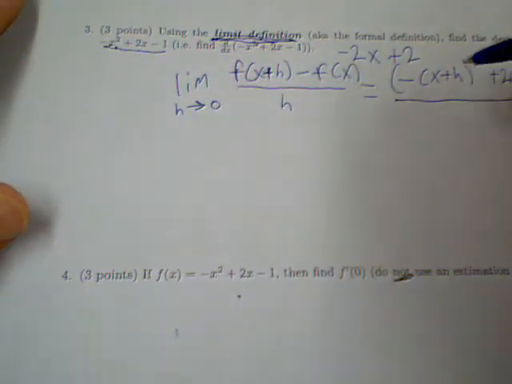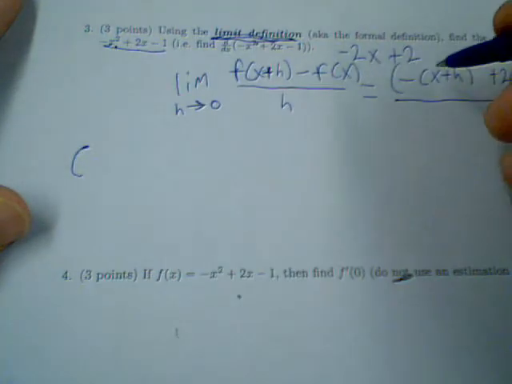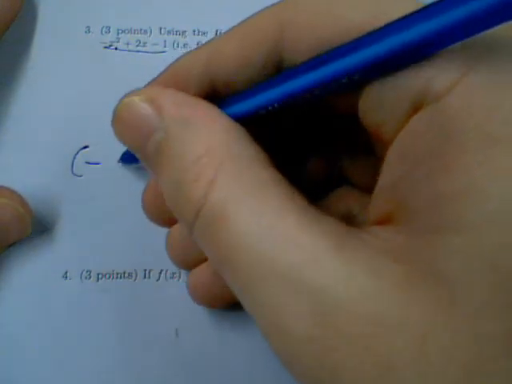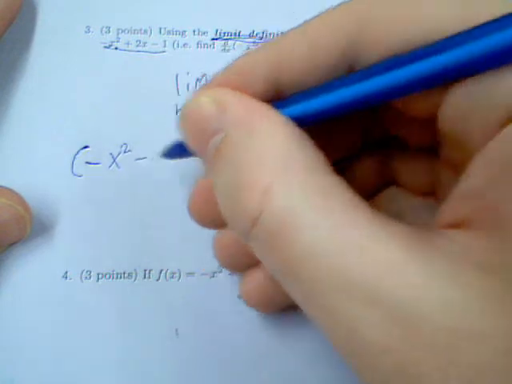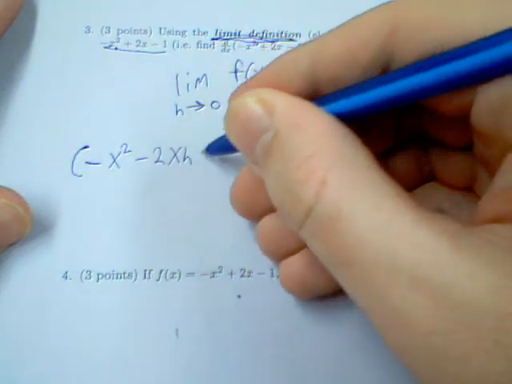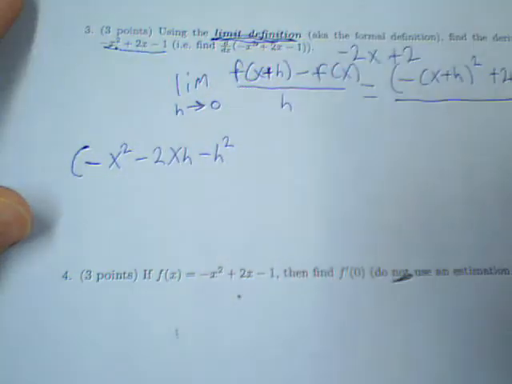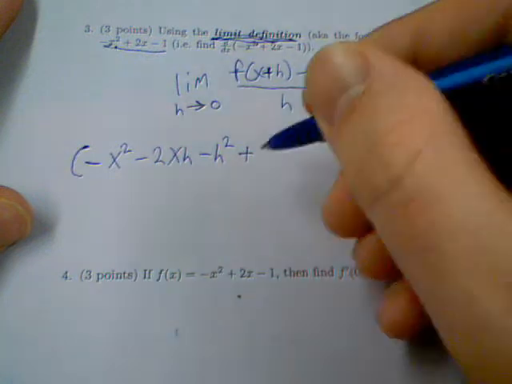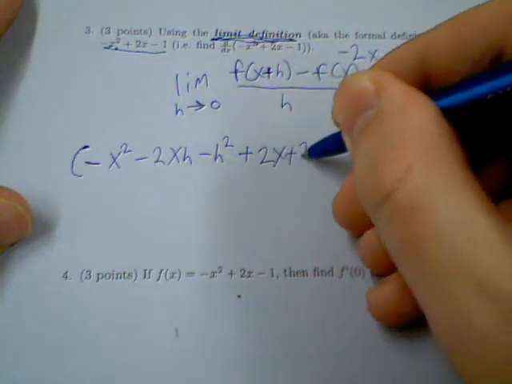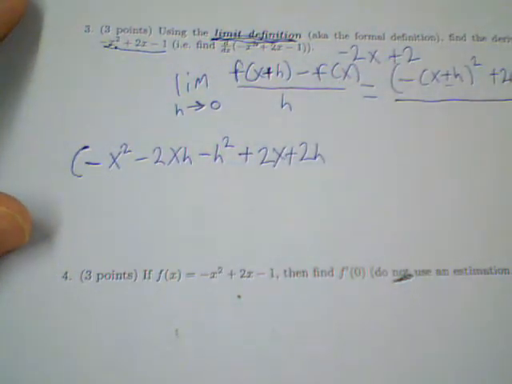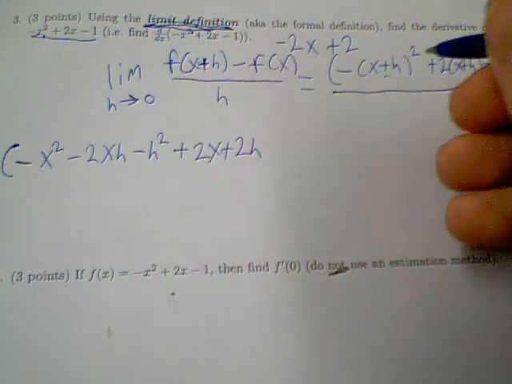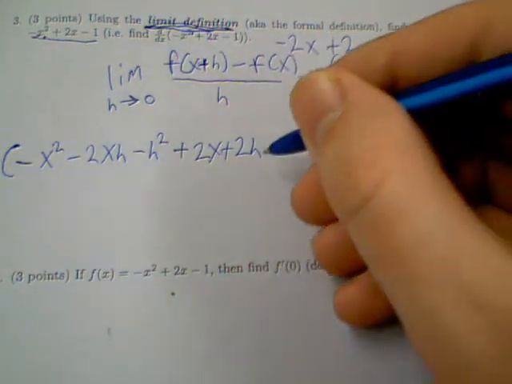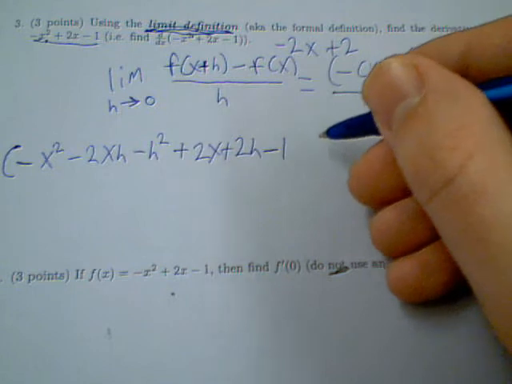So once we simplify this, over here we're going to get, see, negative x squared minus 2xh minus h squared. This is what comes from this negative x plus h squared over here. Then you get plus 2x plus 2h. That's what comes from this guy right here. Got minus 1.